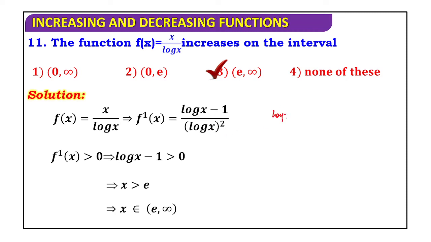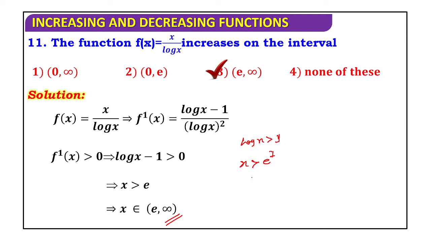So log x minus 1 greater than 0, therefore log x is going to be greater than 1, and x is going to be greater than e to the power of 1. That means x belongs to (e, infinity).